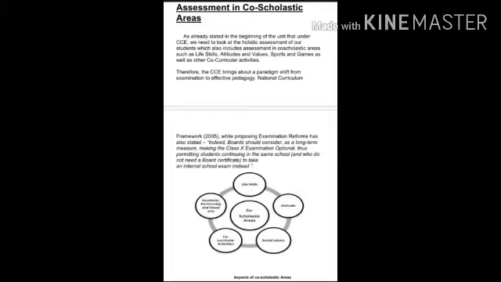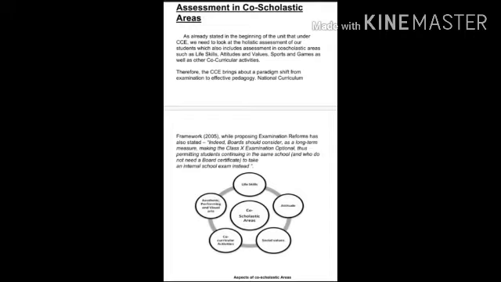As already stated in the beginning of the unit, under CCE we need to look at the holistic assessment of our students, which also includes assessment in co-scholastic areas such as life skills, attitudes and values, sports and games, as well as other co-curricular activities. The CCE is an effort to address all these aspects in a holistic manner.